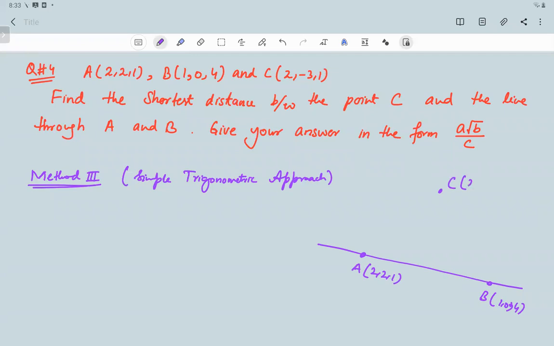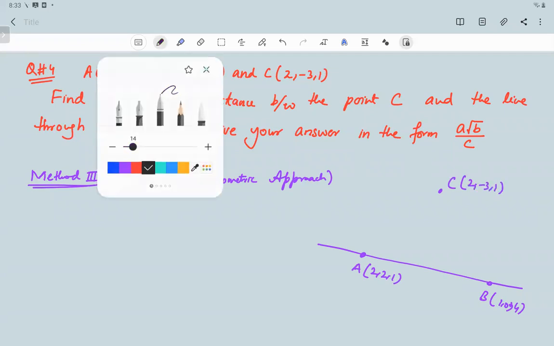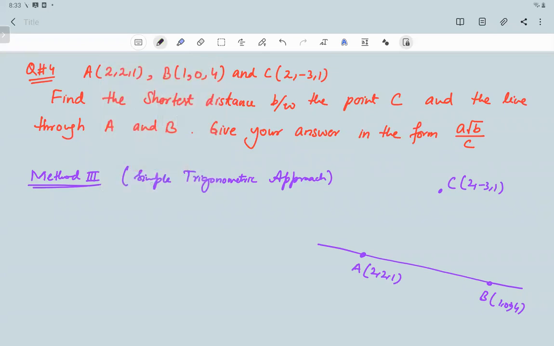Now AC is a vector of interest, and AB is also a vector of interest. We will calculate this angle theta by applying scalar product.